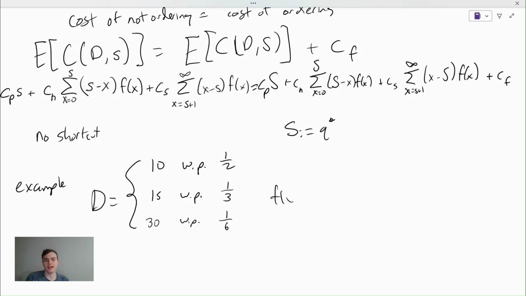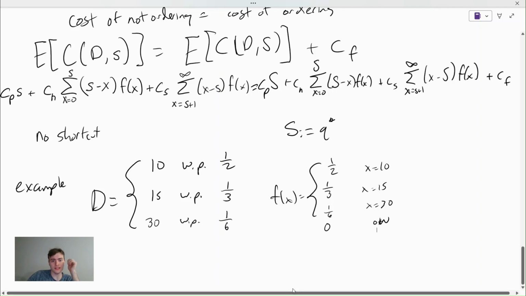That's the same as saying f of x equals 1/2 for x equals 10, and then 1/3 for x equals 15, 1/6 for x equals 30, and 0 otherwise for x not in 10, 15, 30.